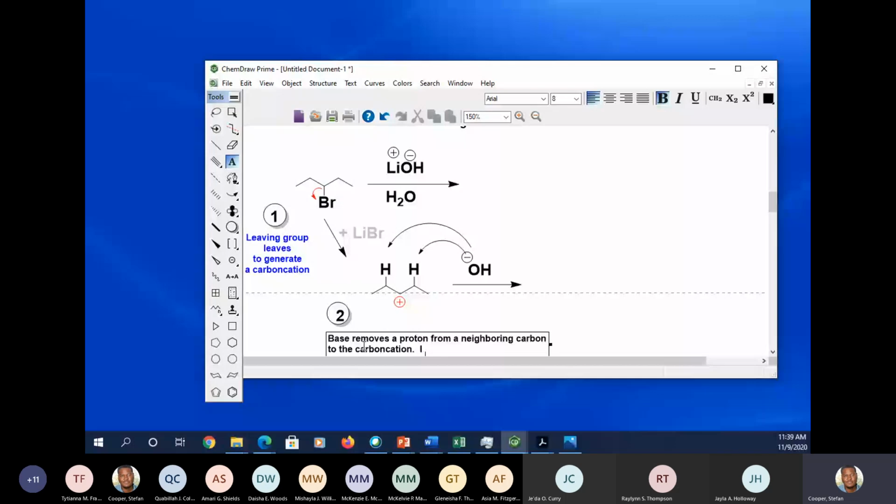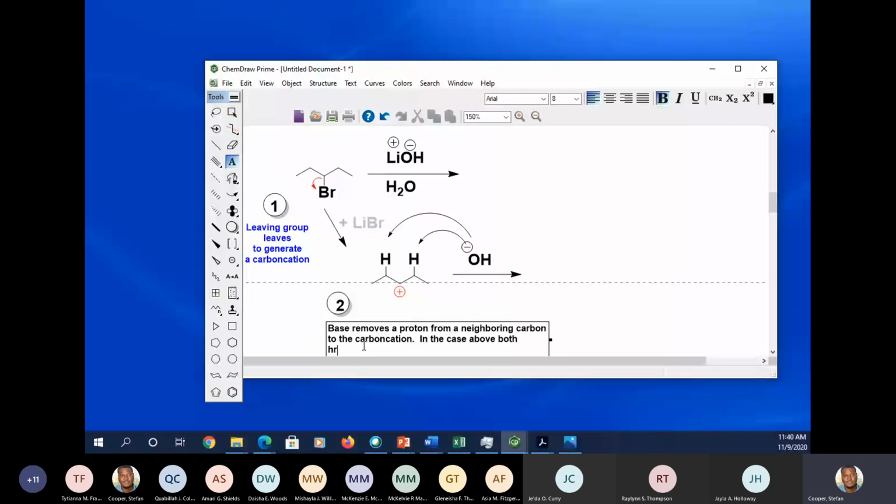And the base above, both hydrogens are equivalent, identical.